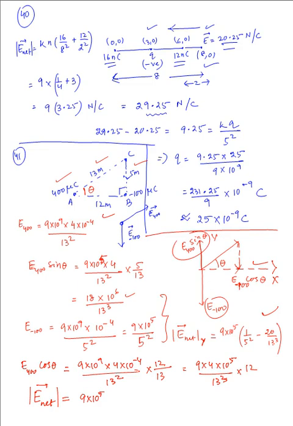And then you have the values to be something like this. They may look pretty difficult, but the numbers are such that you have to calculate them all by yourself. So this is 13 cube, this is 4 times of 12, 48 over 13 cube squared, plus 1 over 5 squared minus 20 over 13 cube squared, all under root, so that is to the power half.